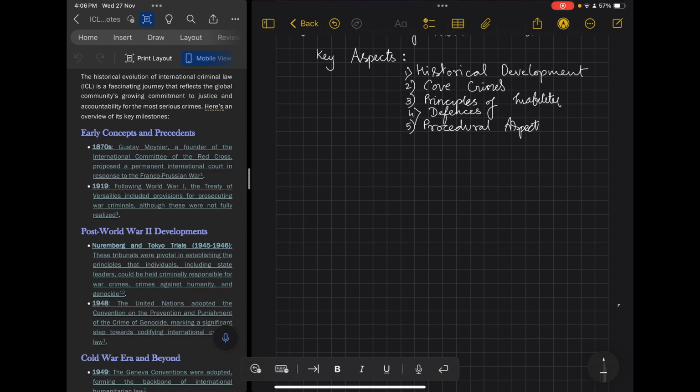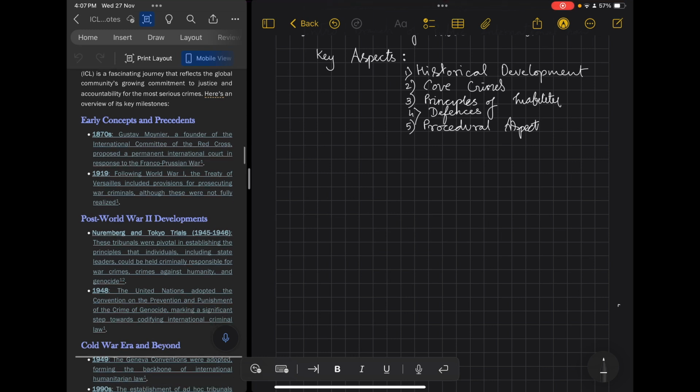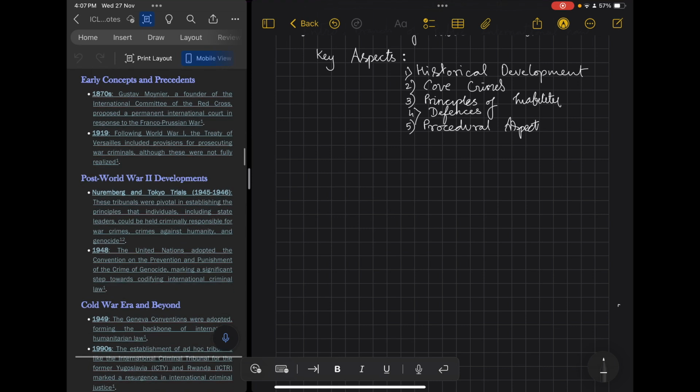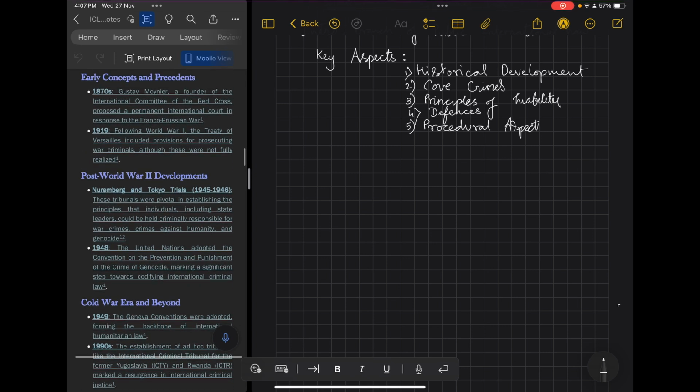Early concepts and precedents. 1870s, Gustave Moynier, a founder of the International Committee of the Red Cross, proposed a permanent international court in response to the Franco-Prussian War. 1919, following World War I, the Treaty of Versailles included provisions for prosecuting war criminals, although these were not fully realized. These are the early concepts.